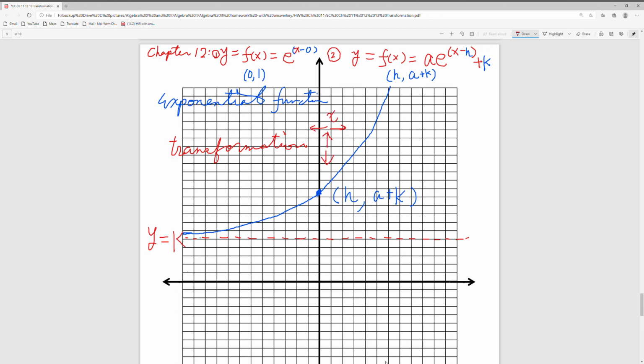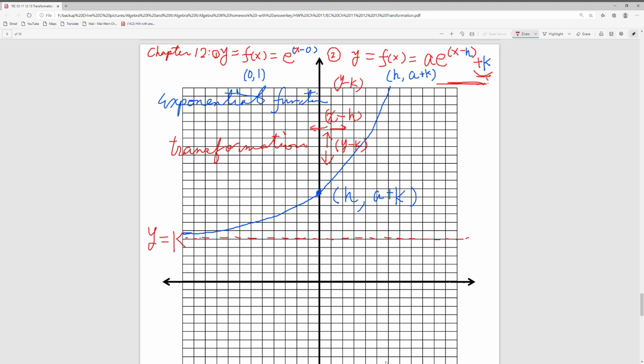When you talk about x minus h, it is left, right. When you talk about y minus k, it is up, down. And in chapter 12 our k is not the y minus k, it is plus k here on the same side of the function.